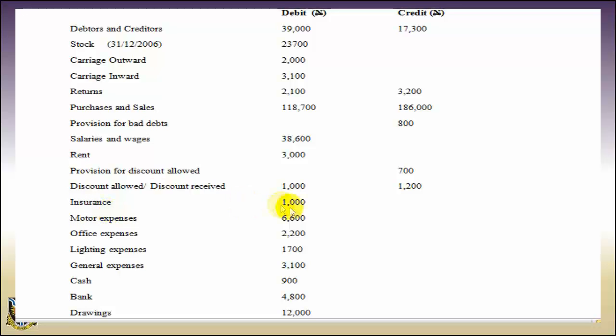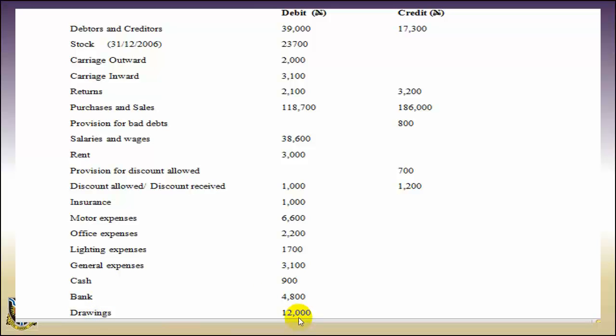Insurance, debit 1,000. Motor expenses, debit 6,600. Office expenses, debit 2,200. Lighting expenses, debit 1,700. General expenses, debit 3,100. Cash, debit 900. Bank 4,800.